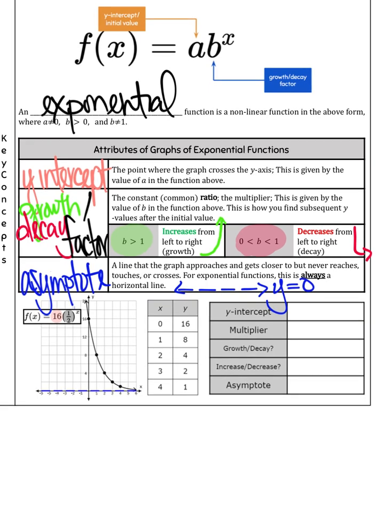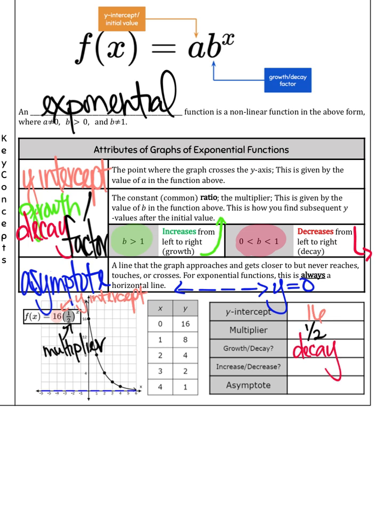Our y-intercept is 16. Our multiplier, which is inside of our parentheses, is going to be 1/2. 1/2 is smaller than 1, so it is going to be a decay.